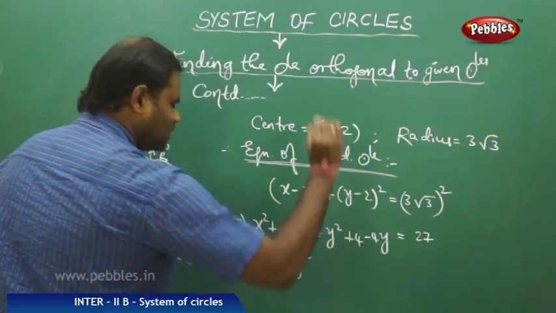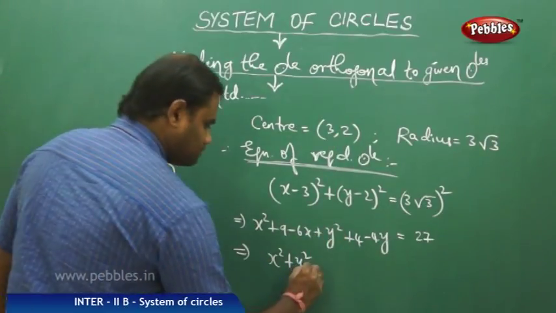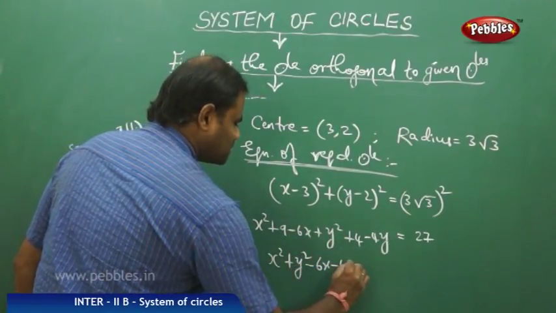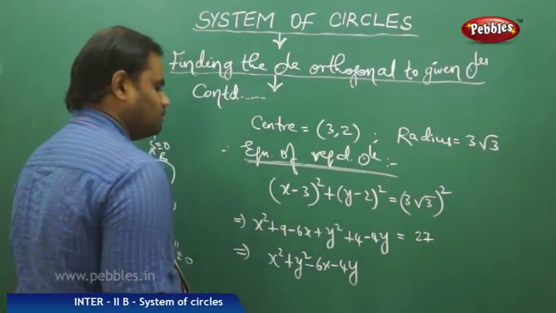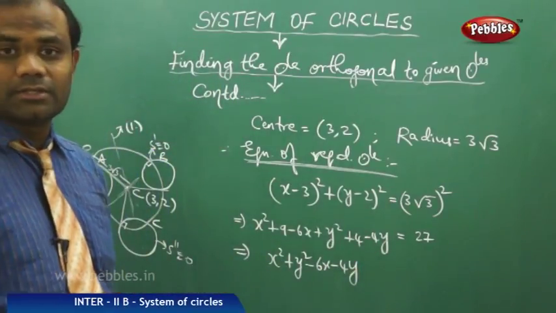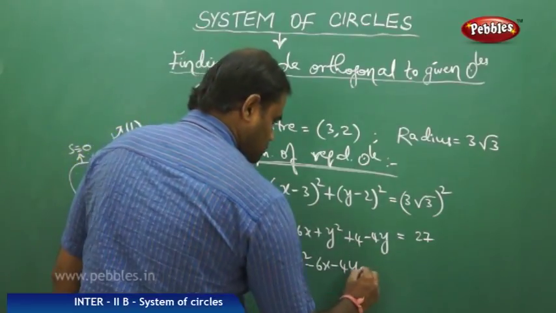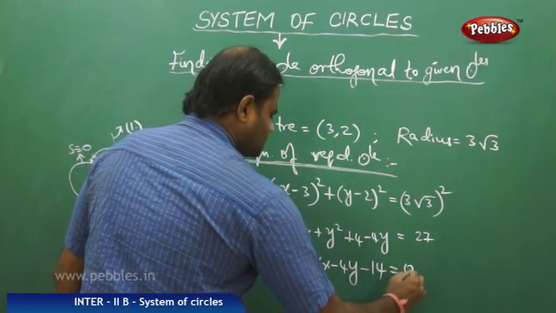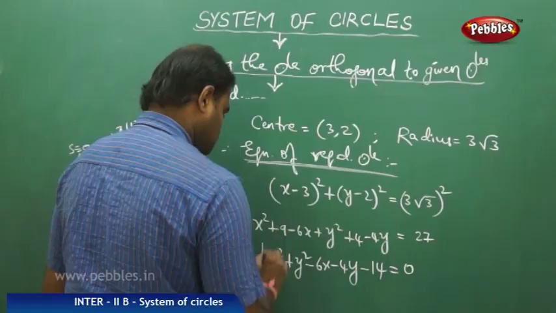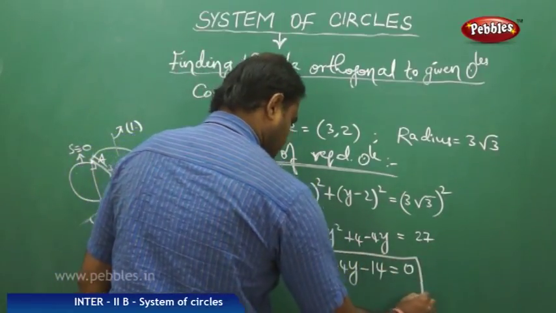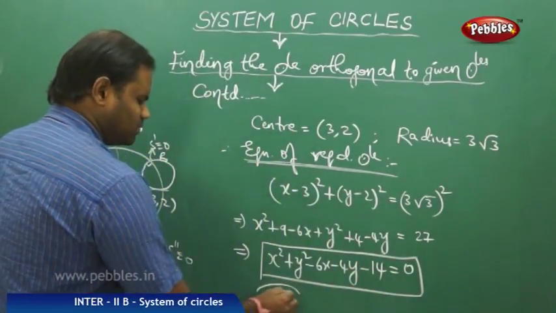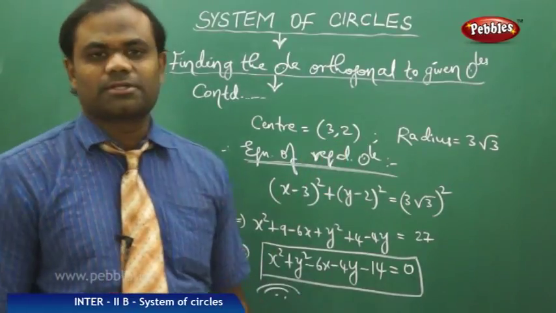And this on further simplification gives x squared plus y squared minus 6x minus 4y plus 13 minus 27, which is the required circle in the general form of representation.